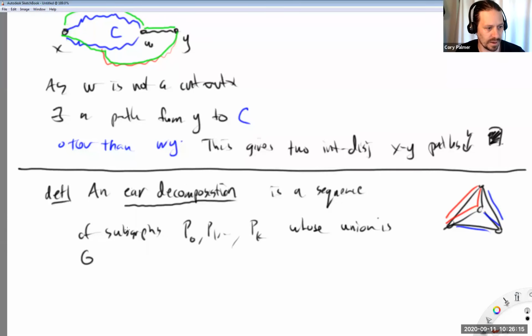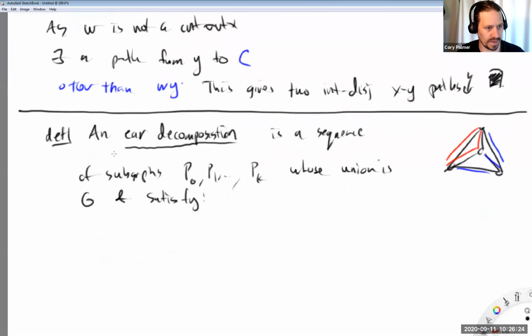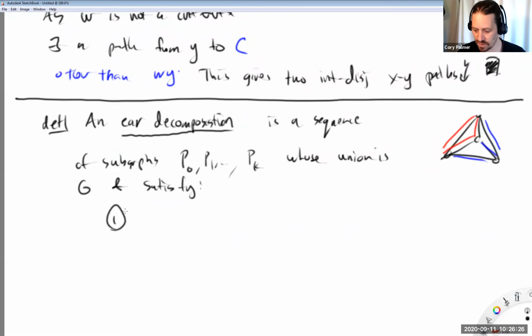Sequences of a graph whose union is G and satisfy the following two simple properties. And then I'll draw a picture and it's instantaneous what's going on here.